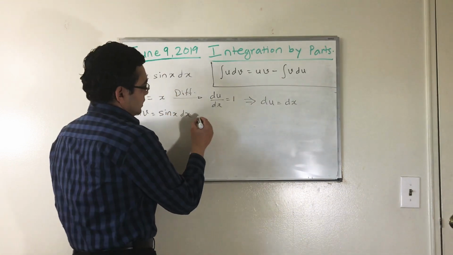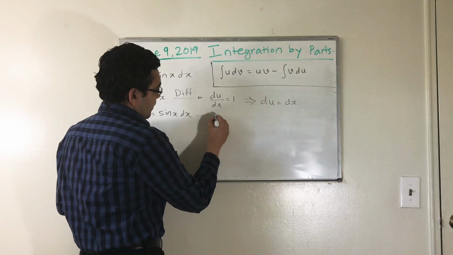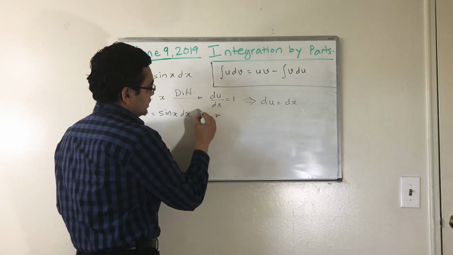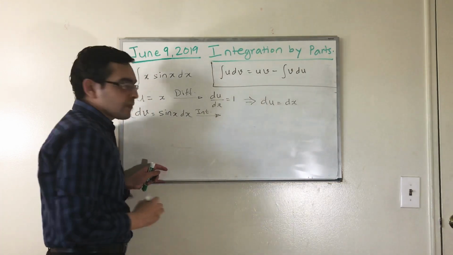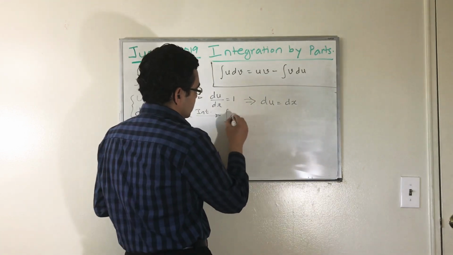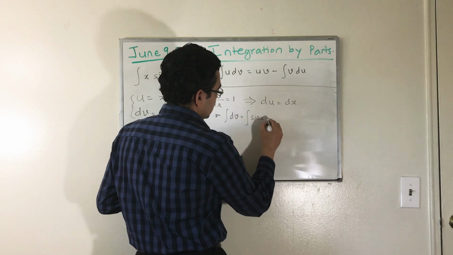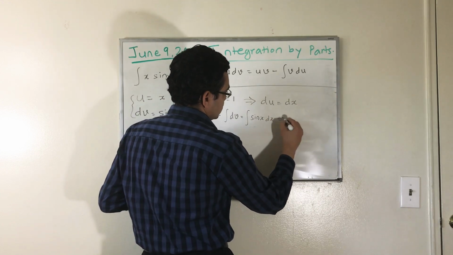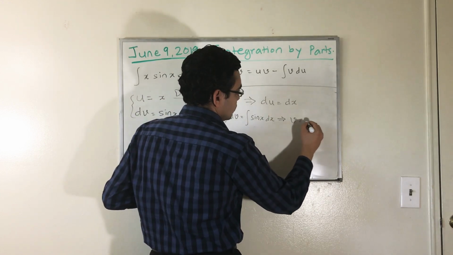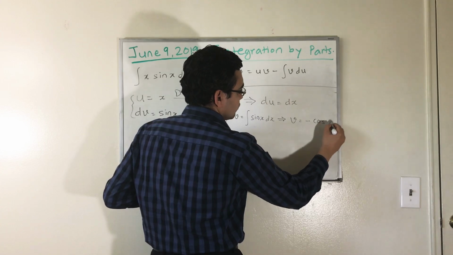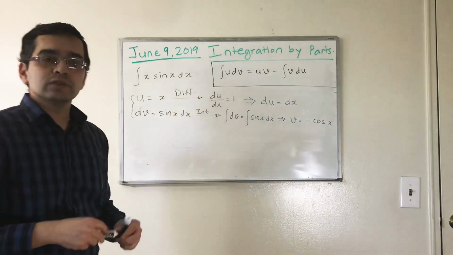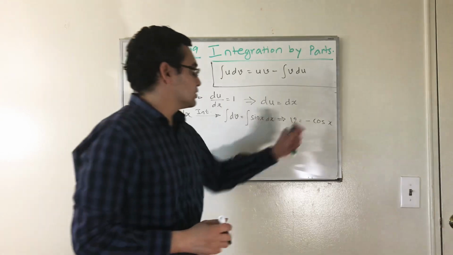And then to find v, I'm going to integrate the second equation. So integral dv equals integral sine x dx, which gives me v equal to minus cosine of x, because the integral of sine x is minus cosine of x.